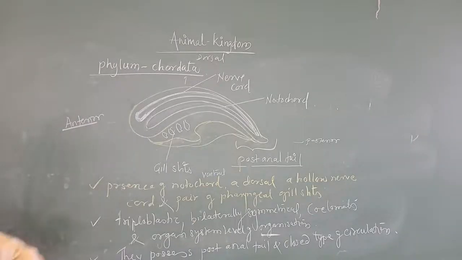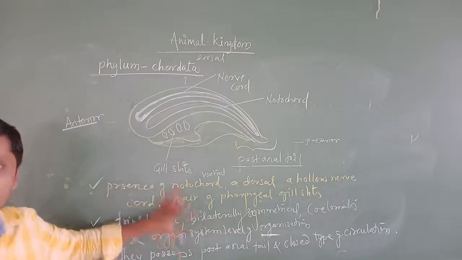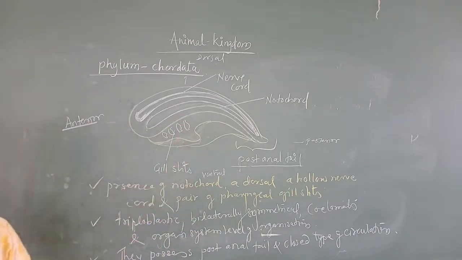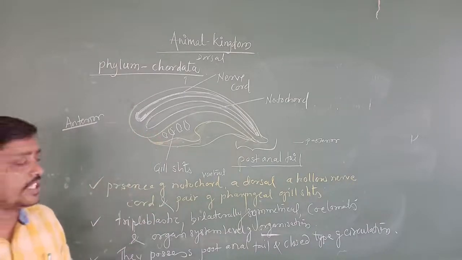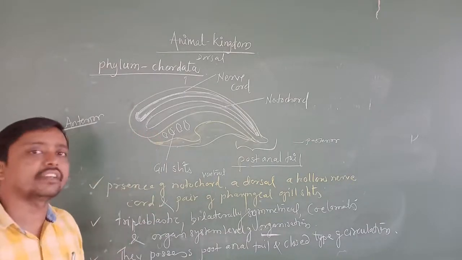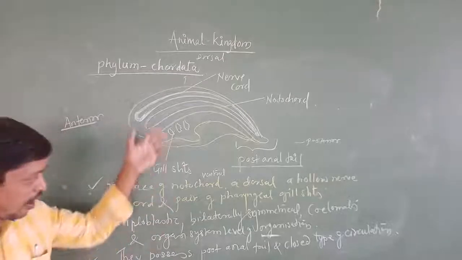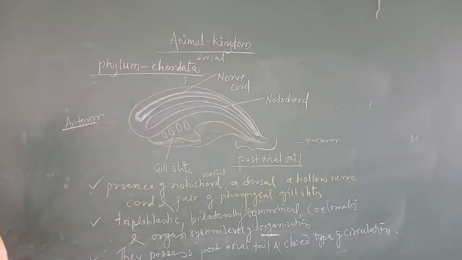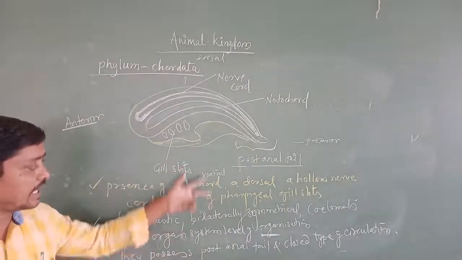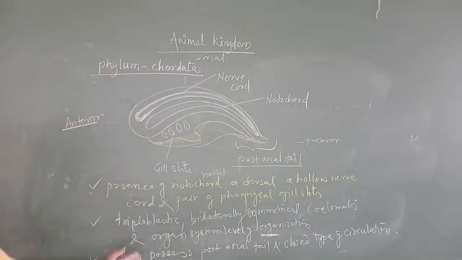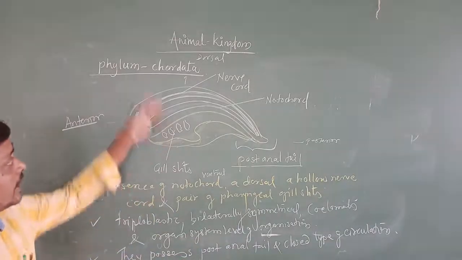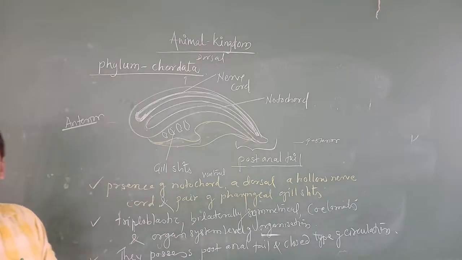These are all the fundamental characters of the phylum Chordata. The question may ask you for 2 marks: draw the structure which shows the fundamental characters of chordata. Or write the fundamental characters of chordate for 3 marks. That time we write these three points.